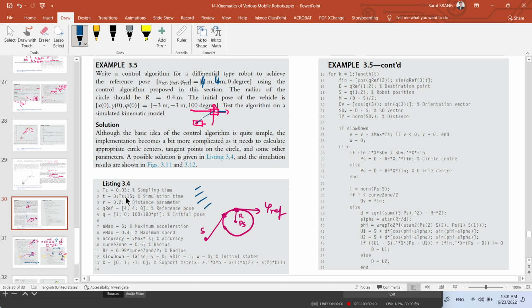Oh, I guess I took a different part. 3.4 and this 3.5 are different things, eh? Different thing or same thing?